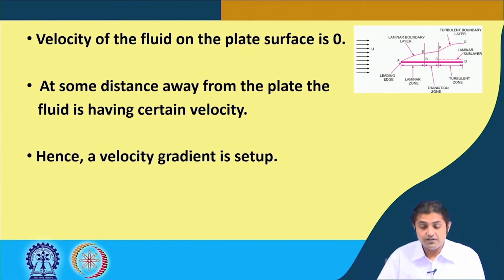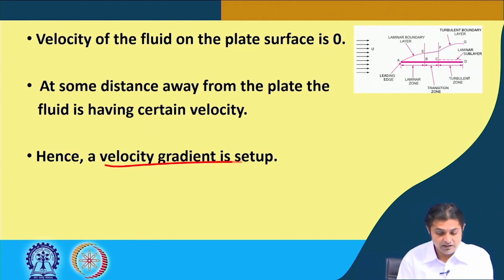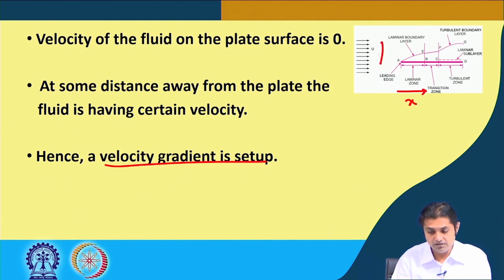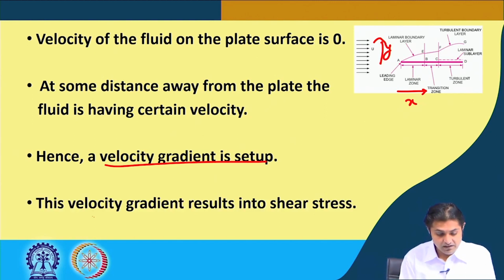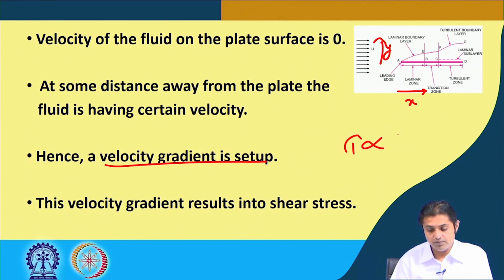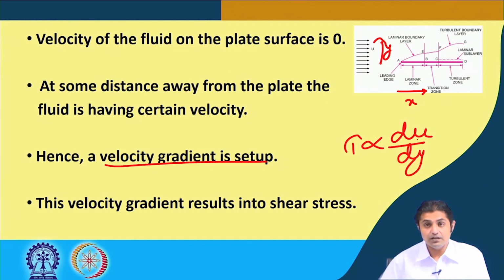Because of the existence of this velocity, a velocity gradient is set up. This is the x direction, let us say this is the y direction, and this velocity gradient results in shear stress, because shear stress is proportional to du by dy, the rate of change of velocity with the distance normal to the flow.